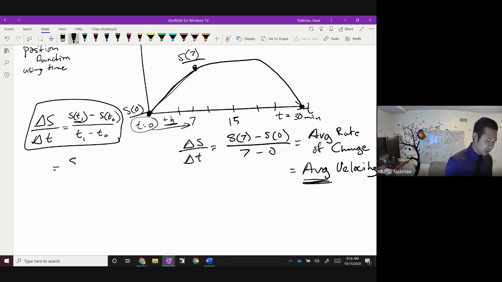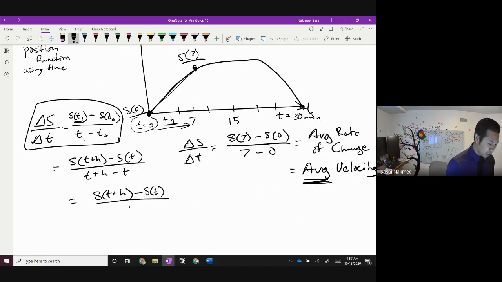So I can say this is the same thing as s of t plus h minus s of t over t plus h minus t. But of course, the t and the minus t cancel out, and this rate of change would be s of t plus h minus s of t over h.